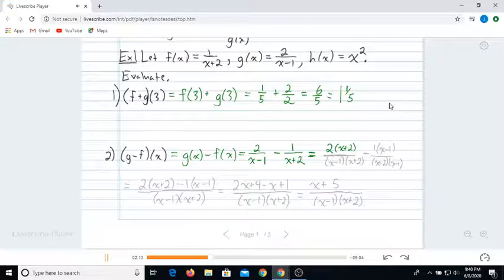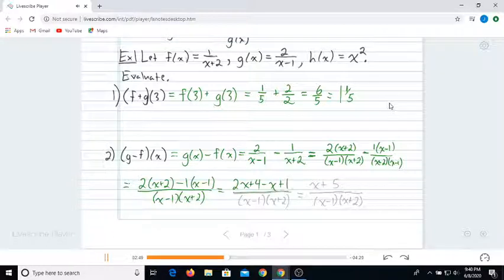So this denominator is missing a factor of x plus 2. The second denominator is missing a factor of x minus 1. So when we subtract those, we have 2 times the quantity x plus 2 minus 1 times the quantity x minus 1, all over that common denominator, which is going to be 2x plus 4 minus x plus 1 all over the common denominator.